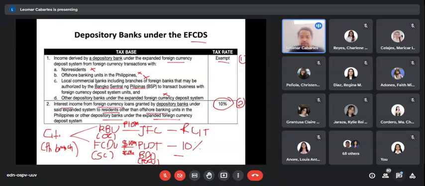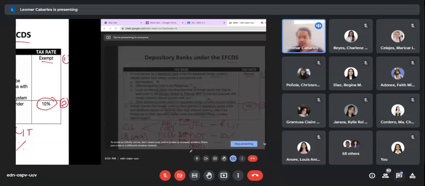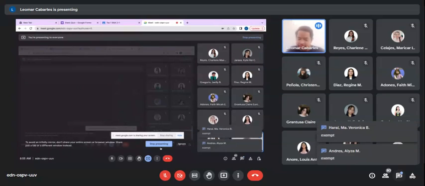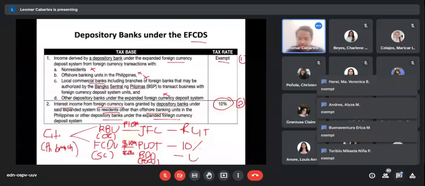So this one is a commercial bank, a universal in fact. Or even RBU, no? Basta kay BDO. No? So what do you think? Yung pinautang ni Citibank FCDU to BDO. This time it is exempt.